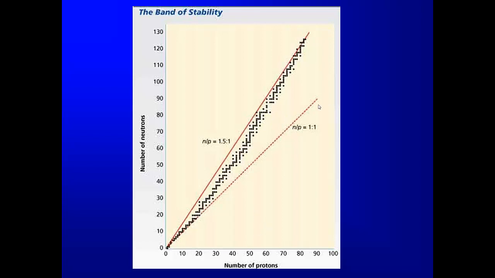So let's look at when it starts to fall outside of that, and that's clear up here at the top, where we're starting to see that it's getting out of that ratio. So something's going to have to change in the nucleus. The reason it happens is to get this ratio back into the band of stability, so we can change protons into neutrons, and we can have all different kinds of reactions, decay, to get that to happen.